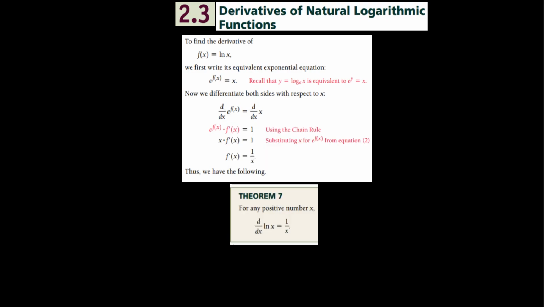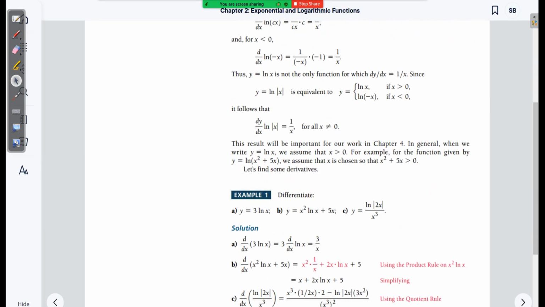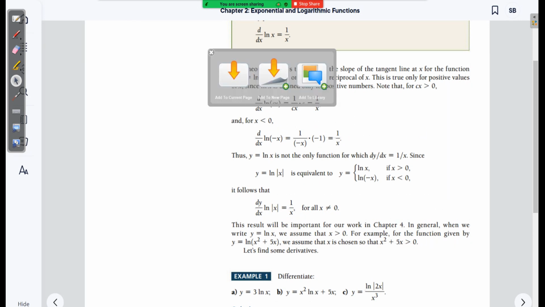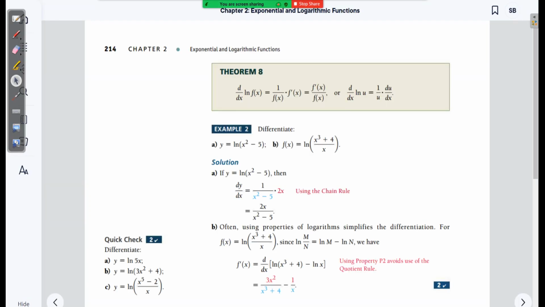So this is our derivative of the natural logarithm, but I'm going to go ahead and do you one better, because this is just one of those instances where I feel like you're told half the story, and then you're told the other half after you do something first.